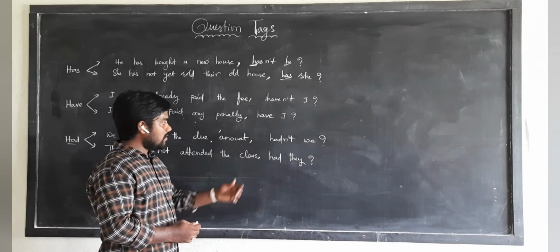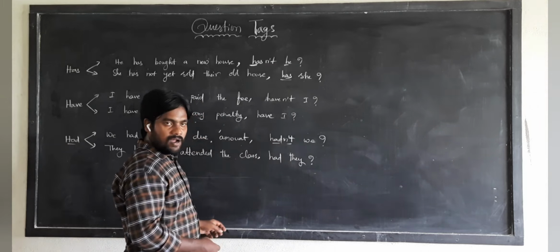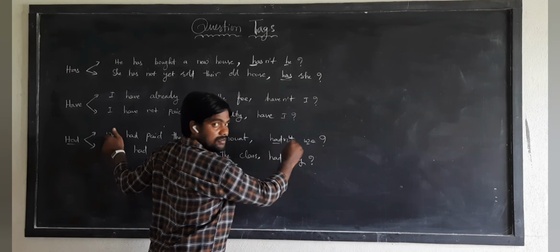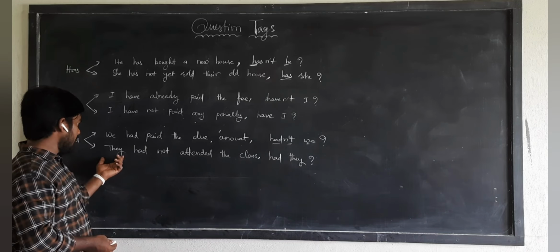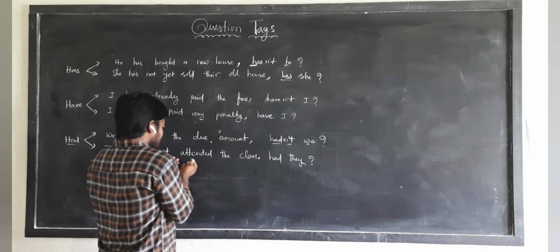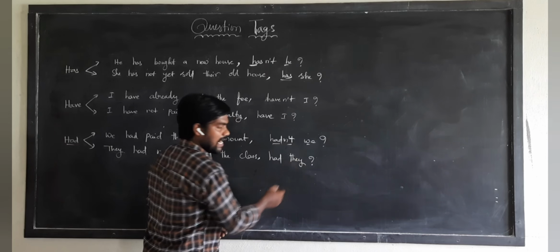The sentence is completed and the tag should start with had and contracted not, and the pronoun we keep here and it is the answer. Hadn't we? Last final example. They have not attended the class. Since it is negative, the tag will be positive. Have they?